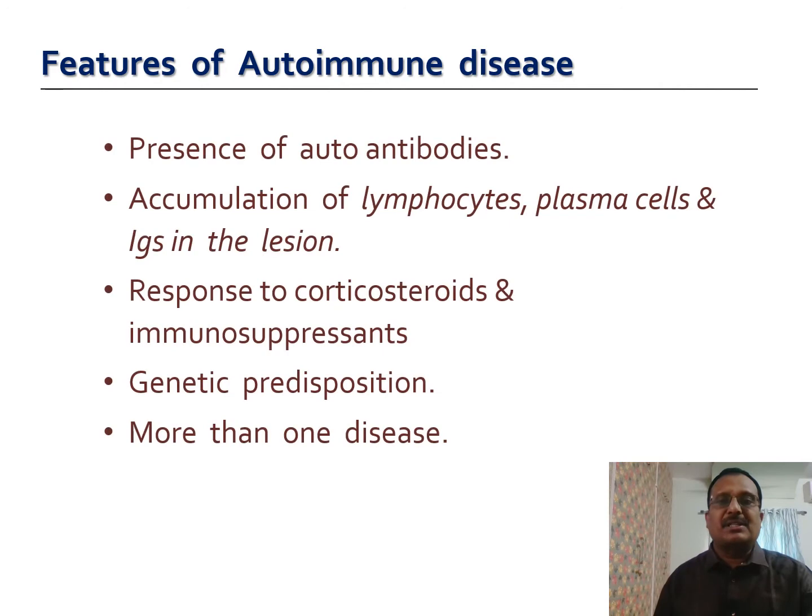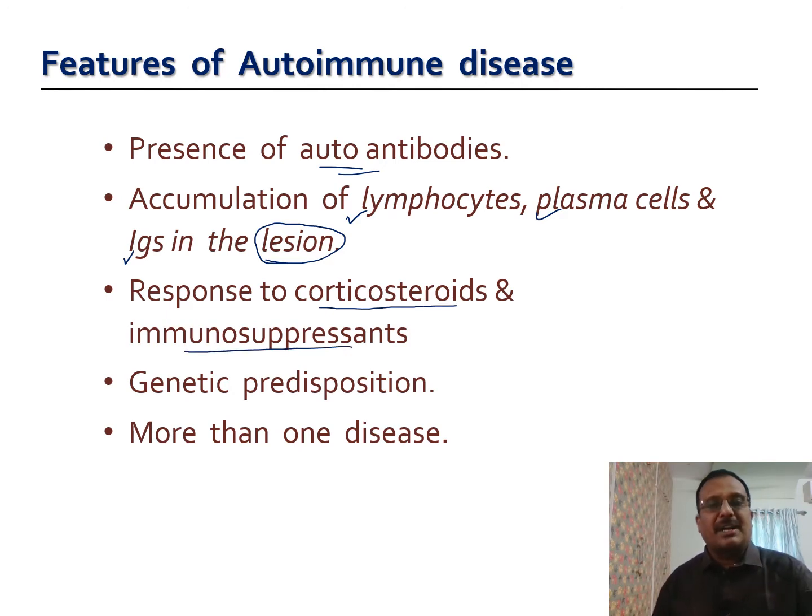Then what are the features of autoimmune disease? One thing is there should be autoantibodies against the self antigen, and the lesion produced in autoimmunity should be infiltrated with lymphocytes and plasma cells and also immunoglobulins. The third is the response: autoimmune disorders should always respond to corticosteroid treatment and immunosuppressive agents.